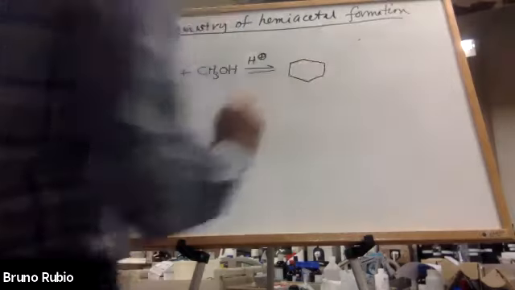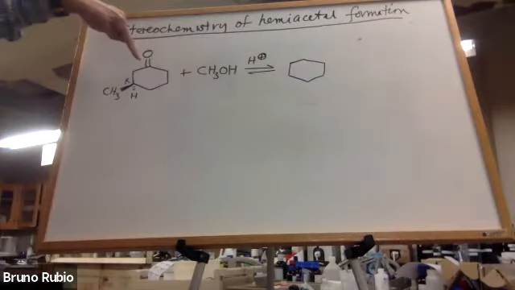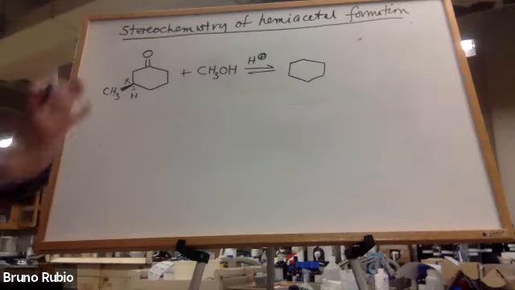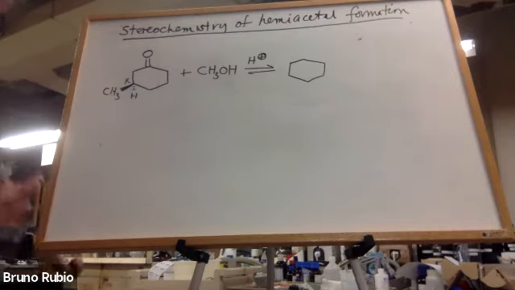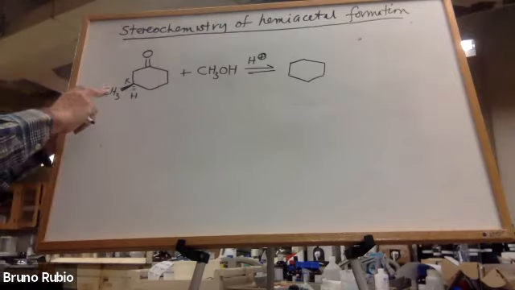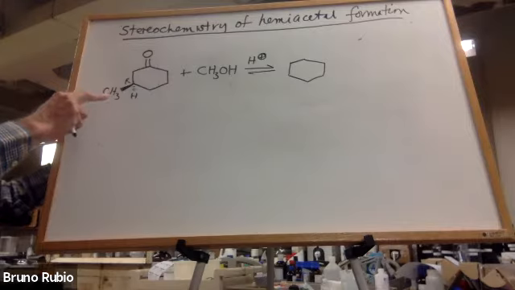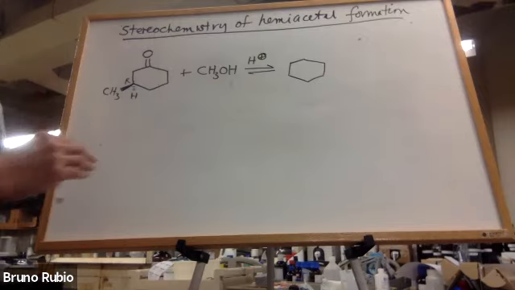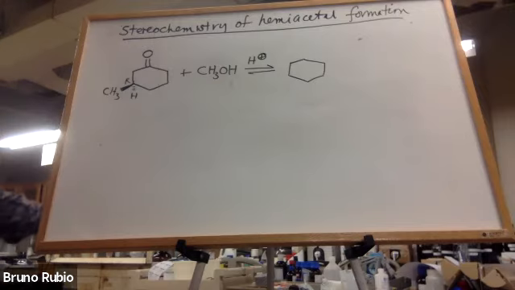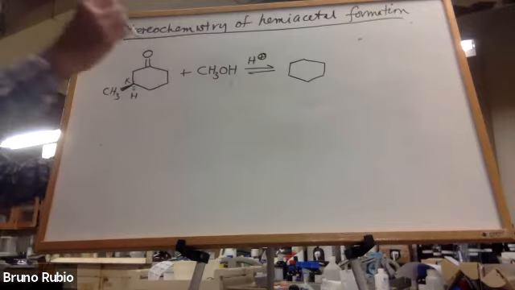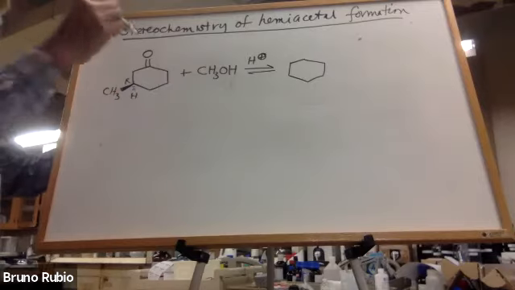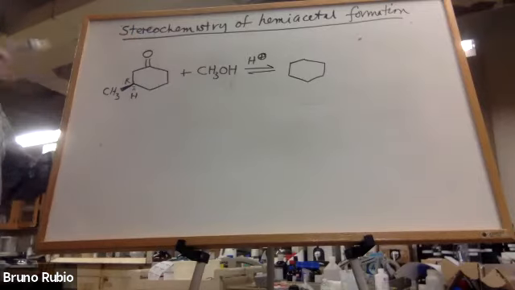now see this guy, this carbonyl, the front and the back of this carbonyl now are not equally reactive because maybe this methyl group is in the way, but that is not going to kill reactivity from the front. It's just going to diminish it, right? So it's not as if the nucleophile can't come in from the front.